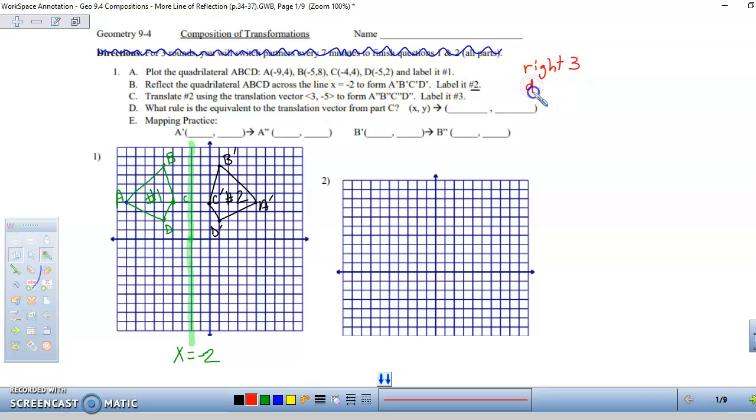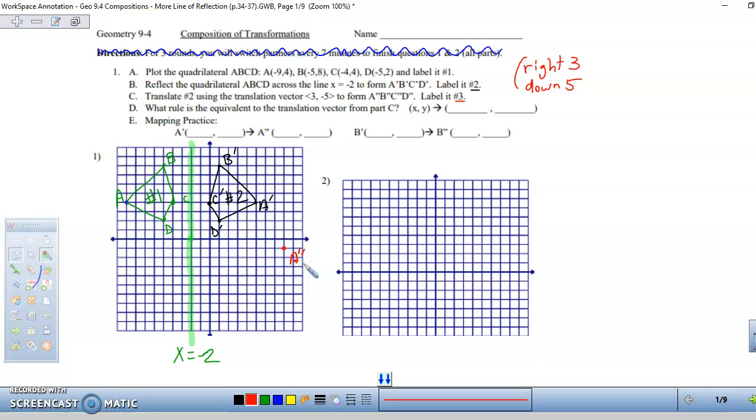So -5 means I'm going to go down 5. And you do that with every single point. So here A prime, because you're starting from number 2 to get number 3, I'm going to go right 3, 1, 2, 3, and then down 5, 1, 2, 3, 4, 5. And that's A double prime.